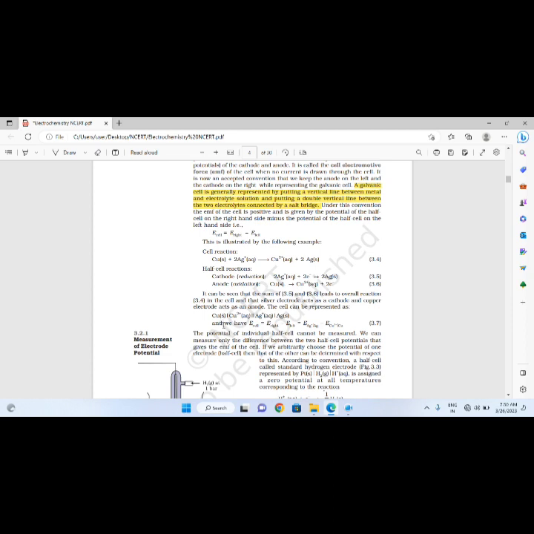So here we can represent copper to copper 2 plus, that means oxidation takes place on the left hand side. We represent it on the left side, and the double vertical line represents the salt bridge, and on the right hand side Ag plus gets reduced to silver.